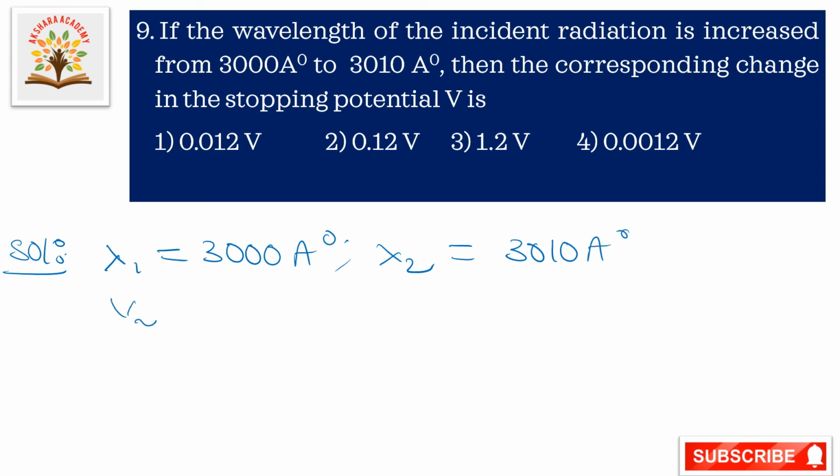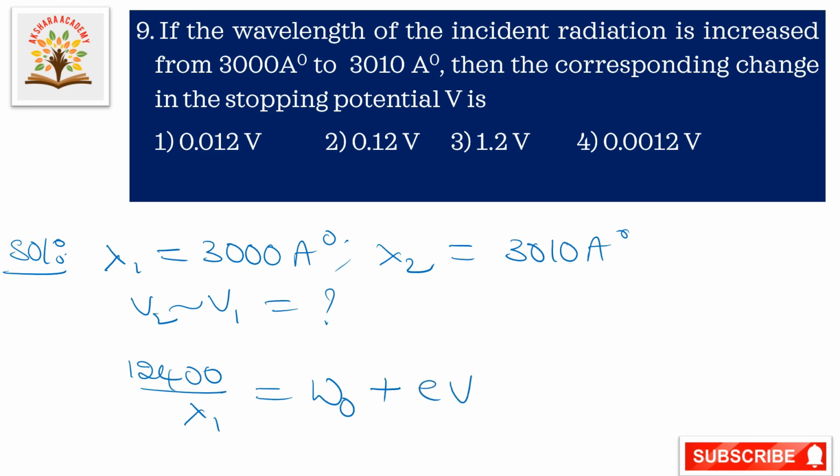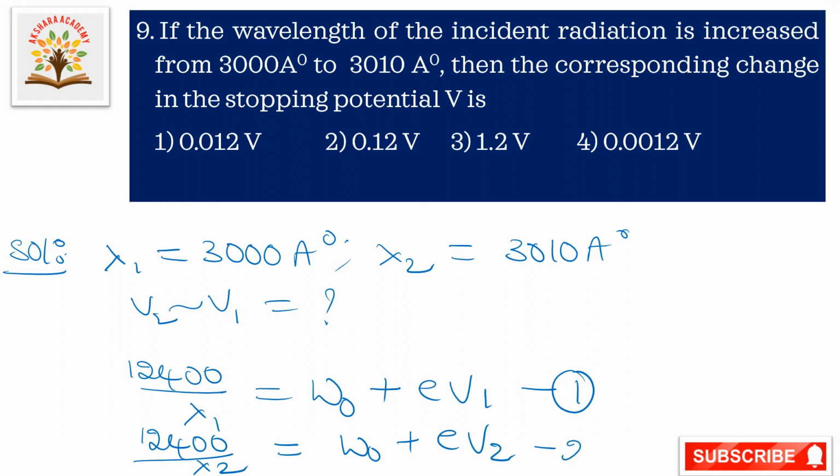Here we have to calculate the change in the stopping potential, that is V2 minus V1. So 12,400 by lambda 1 is equal to work function W naught plus EV1. This is equation number 1. And the second equation is 12,400 by lambda 2 is equal to work function plus EV2. This is equation number 2.